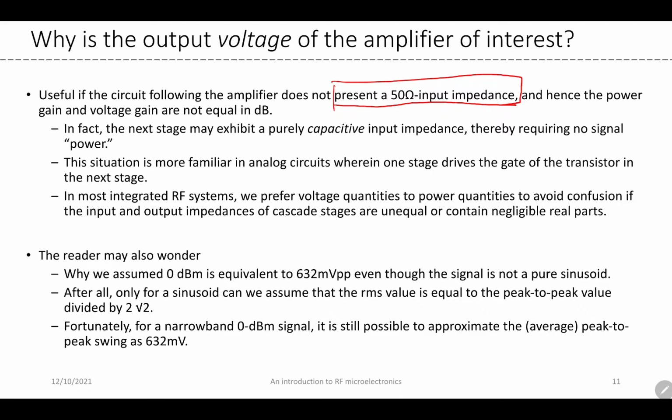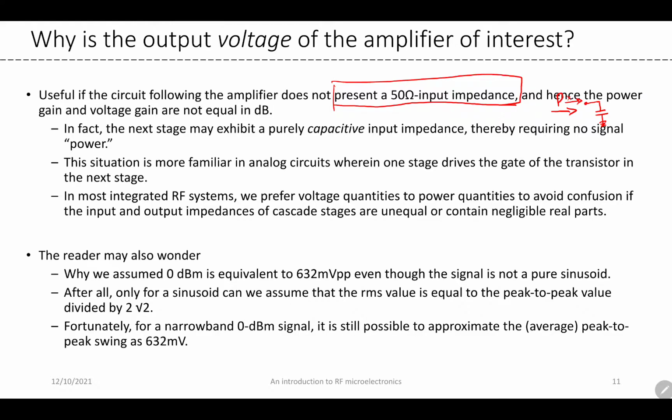Similarly, if you have a capacitive input impedance, because capacitive or inductive impedances are storage elements, you can't deliver power to them. If you're looking at a capacitor, you cannot deliver power to it, right? It's a storage element.